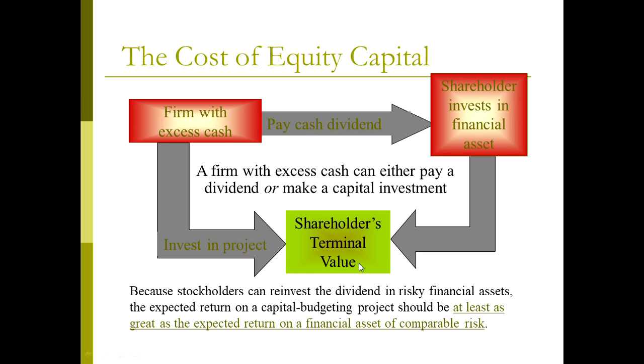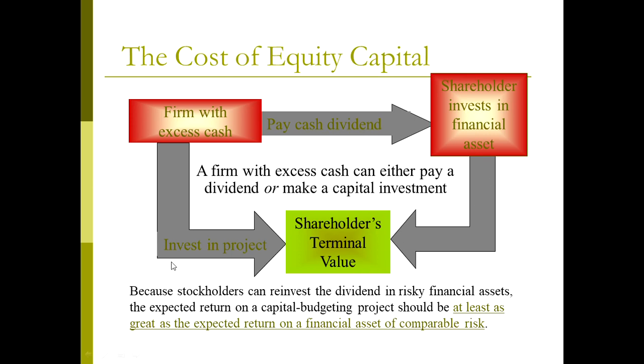So here, the shareholders, the owners of the company, have two choices. One is to receive cash dividends, then use the dividends to invest in financial assets somewhere else, or keep the cash within the company and invest in a new project. Which one they prefer depends on which one will yield a higher terminal value.